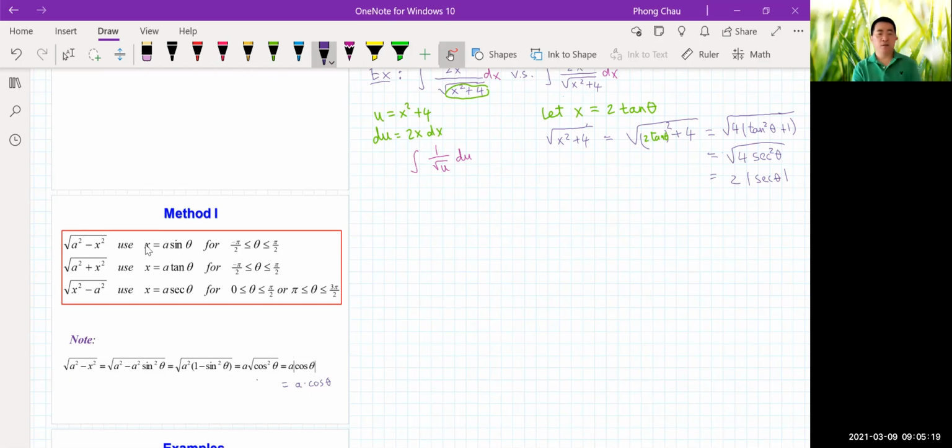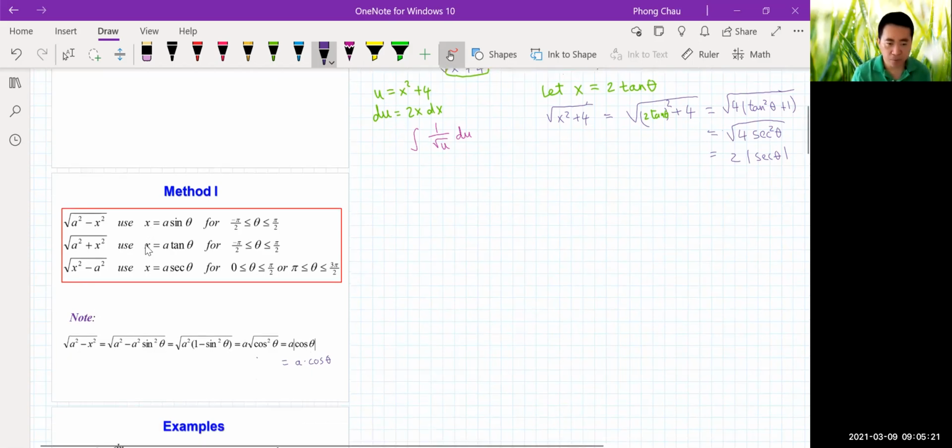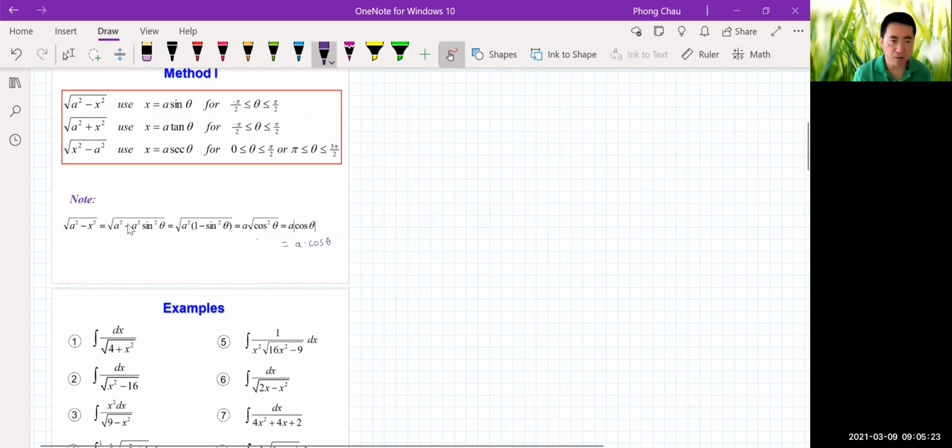All right. So if you look at some of the examples here, I have lots of them. Look at number 1. We have the integral of dx over the square root of 4 plus x squared. Normally that's what you would see in the textbook, the way the integral is written.